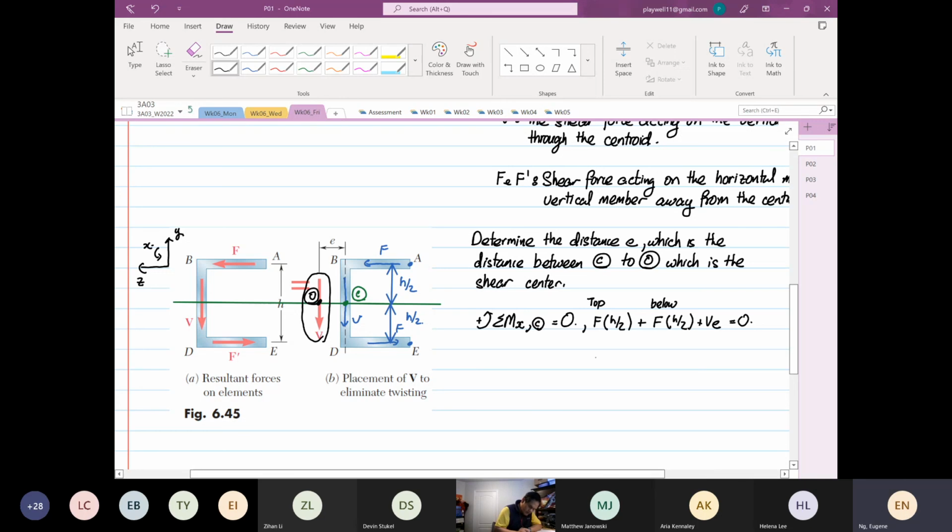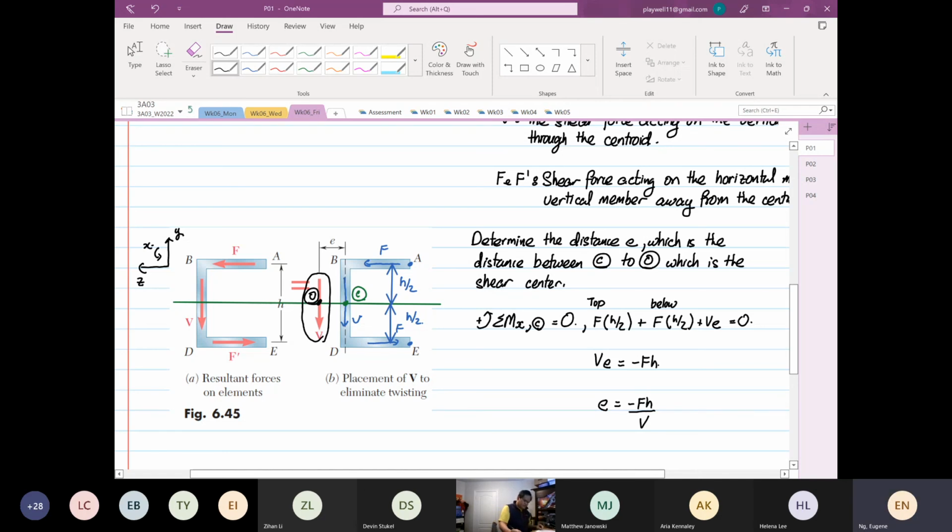So the next step is V multiplied by E is equal to minus FH. And finally, E is equal to minus FH by V.